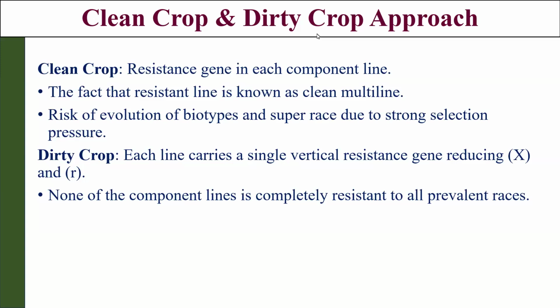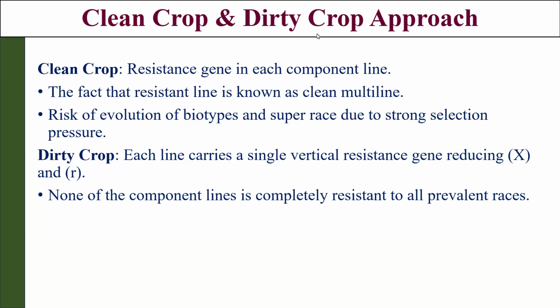No races relevant in that area can infect a particular line, because it consists of all the resistant genes in a single variety, and every line consists of all the resistant genes. That's why it is called the clean crop approach. But as a drawback, super races can easily overcome this.